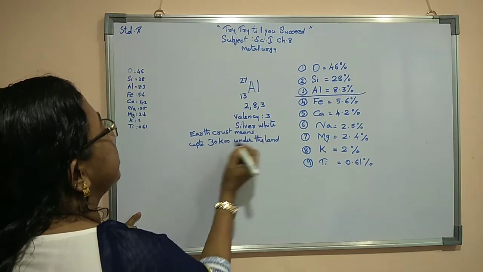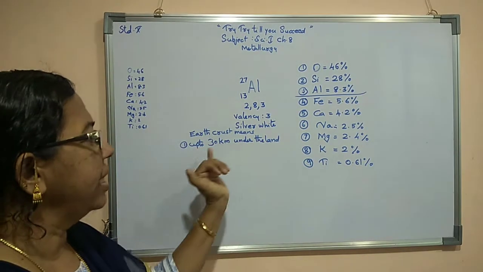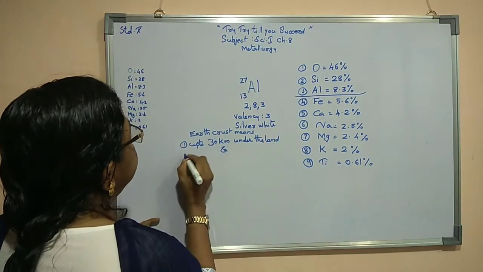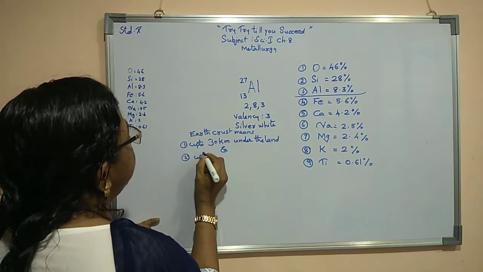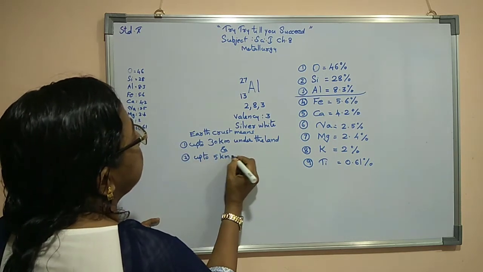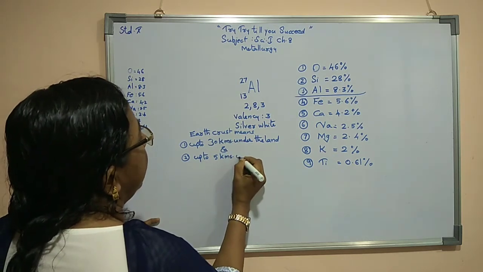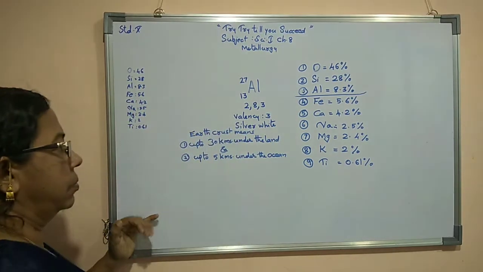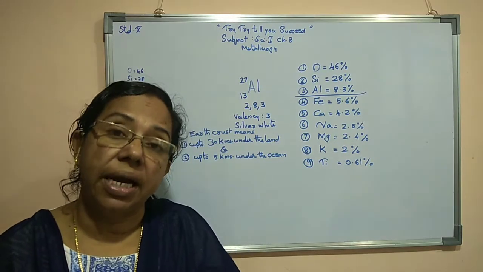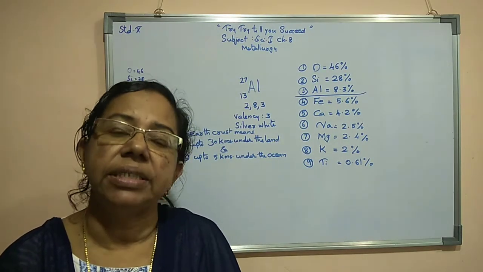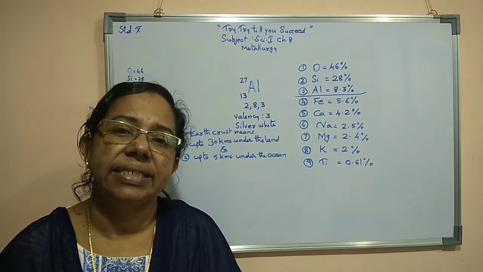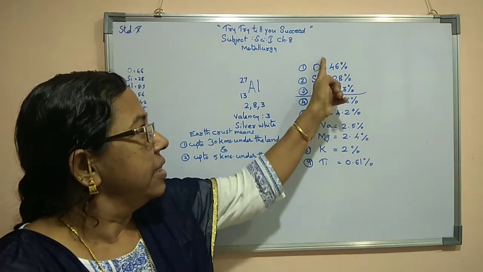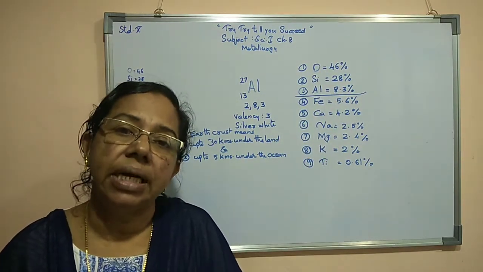And one more thing is there, up to 5 kilometers under the ocean. So up to 30 kilometers under the land and up to 5 kilometers under the ocean, we say as Earth's crust. Now in that Earth's crust, these all elements are available most abundantly.